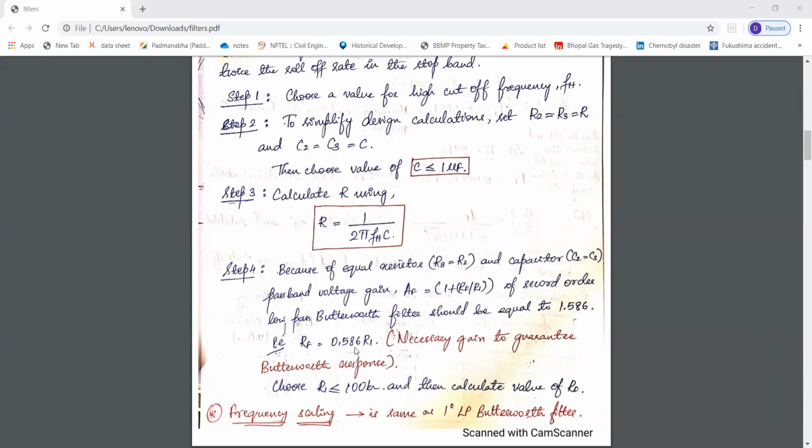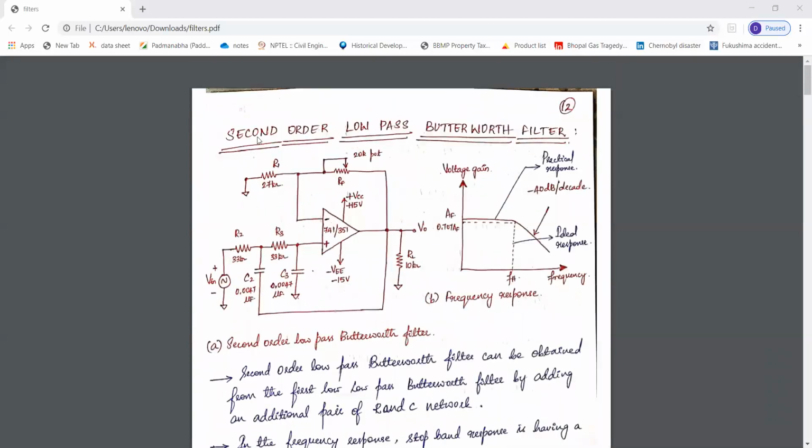Now we know R1. How? We are going to choose R1 such that it is less than or equal to 100 kilo ohm. R1 is the resistance that we have here, and it is responsible for determining the gain of the filter.